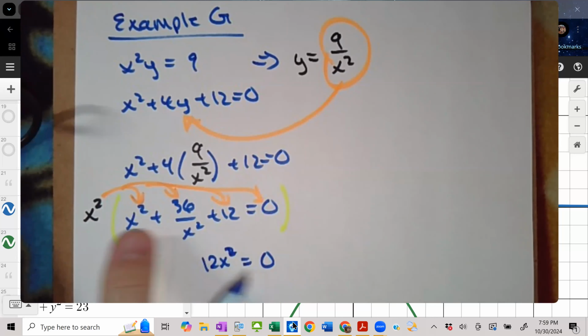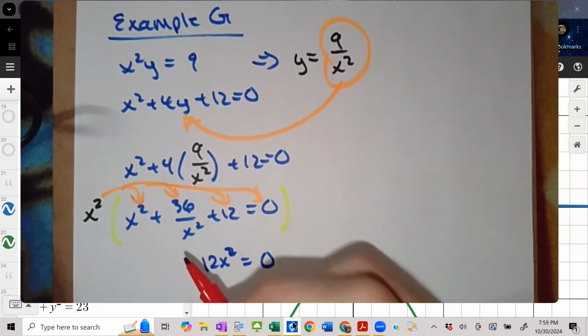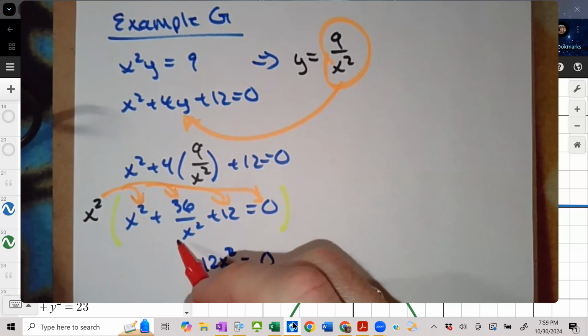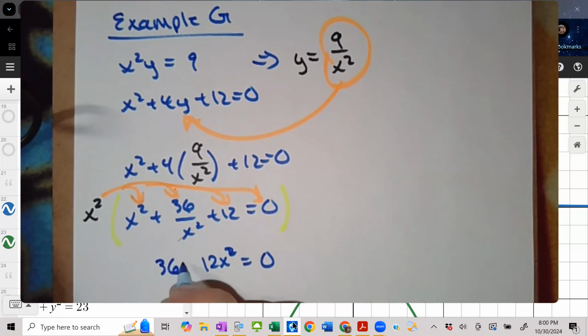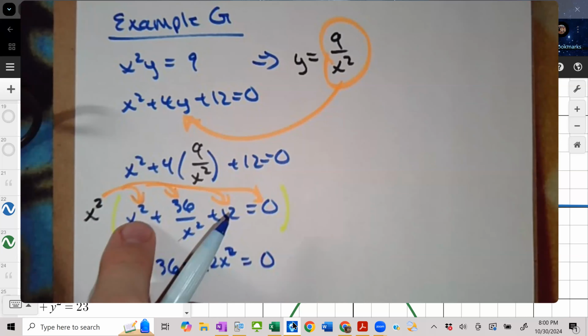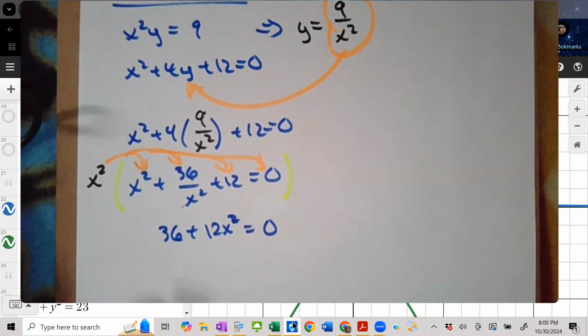Here's your part. What happens when I multiply these two together? What do we get? x squared times 36 over x squared. I'm hoping that you cancel out the x squareds. You're just going to be left with 36. And x squared times x squared, yes, you get x to the 4th, but are you adding or do you multiply?